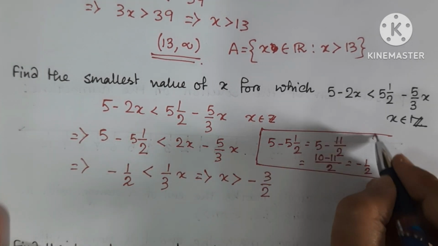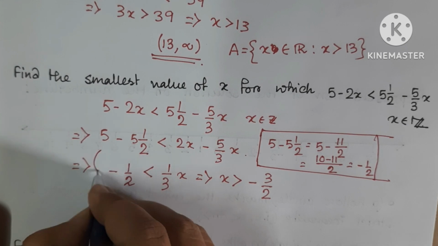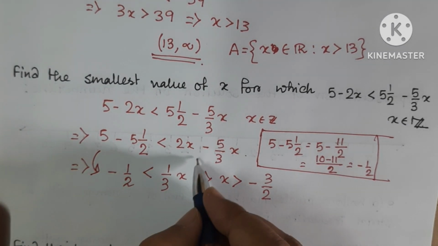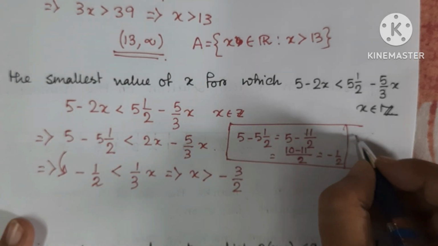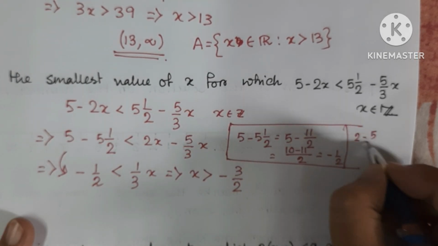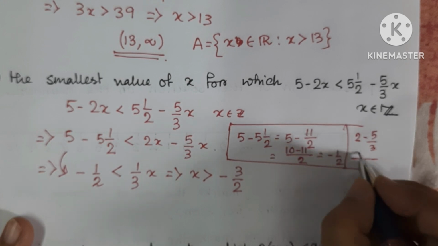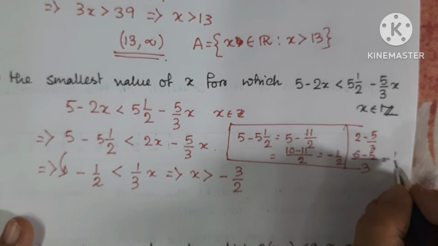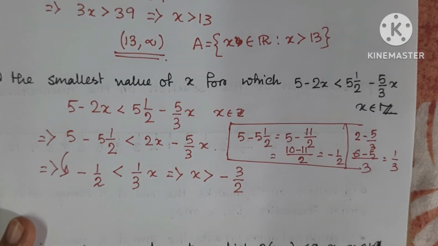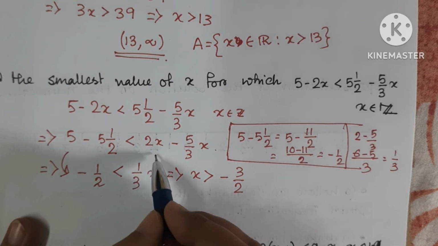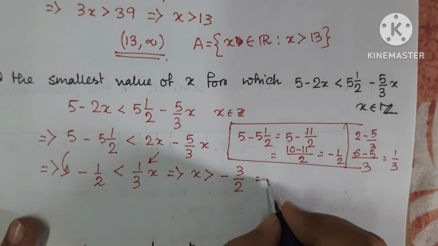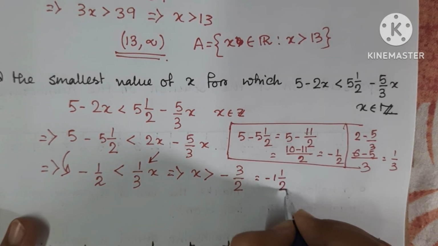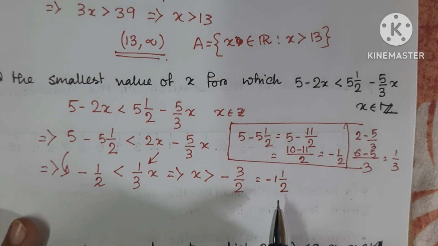Okay, so this is clear why I have written this. And here, 2 minus 5 by 3, so it will be (6 minus 5) by 3, so it will be 1 by 3. Okay, so this is why I have written this. So here we have got minus 1 and 1 by 2. So x greater than this.